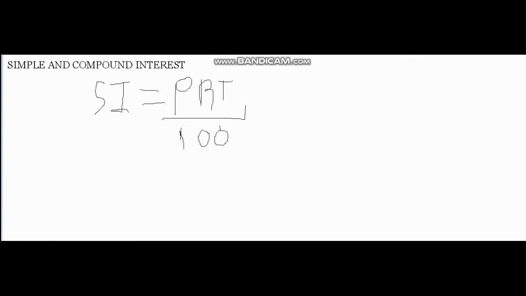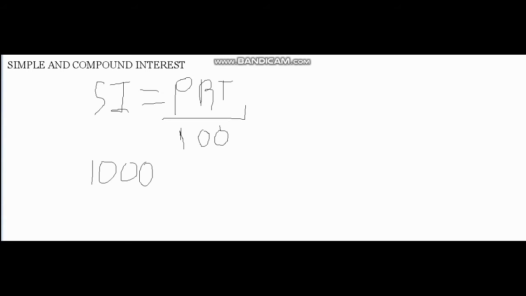Now, also for simple interest, the amount of interest you calculate is the amount added to the principal each year. So let's say the principal is $1,000, and when you calculate the interest, you calculate the interest to be $50.